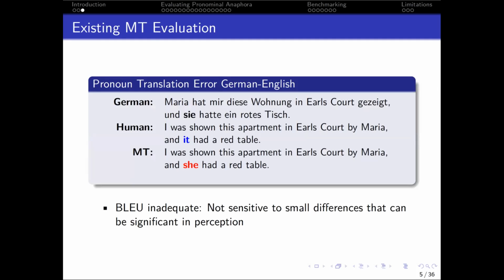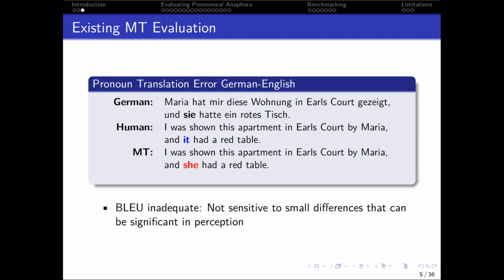The only difference between these two translations is the pronoun, where the MT system produces she instead of it. But the interesting thing about this example is that it completely changes the meaning of what we derive from these translations. In the first case, when it says it had a red table, we infer that it's the apartment that has the red table. But in the second case, we would assume that it is Maria that has the red table.